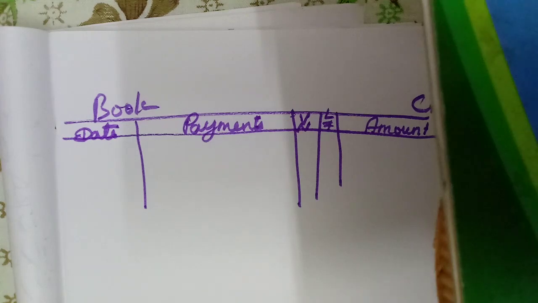In the simple cash book, in the date column the date of the transaction will be entered. First we should differentiate whether it is a receipt or a payment. If it is a receipt we write on the debit side; if it is a payment we write on the credit side. Then after the date we write what it is, the cash sales.